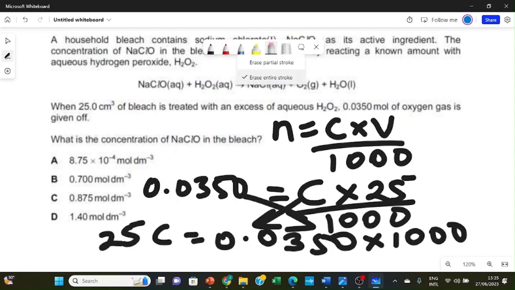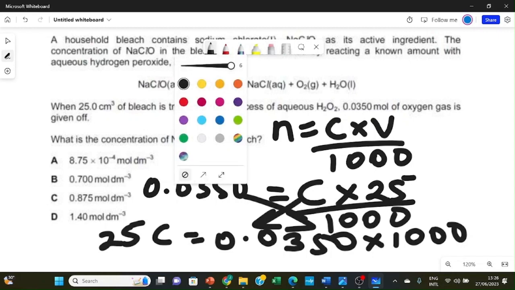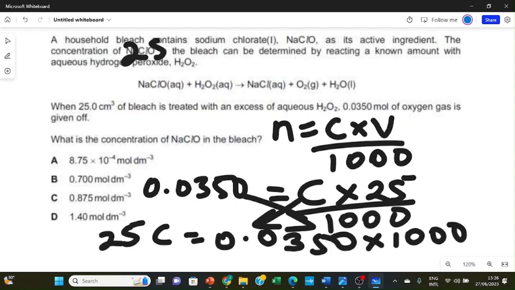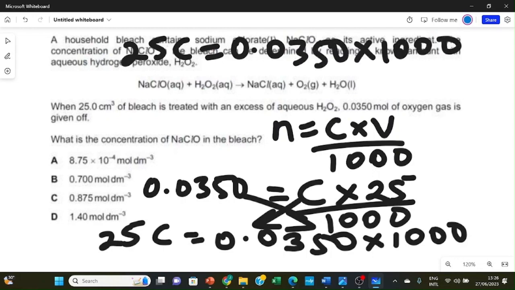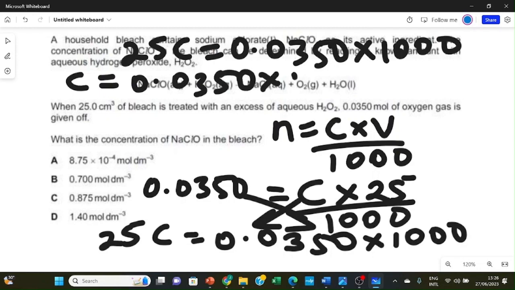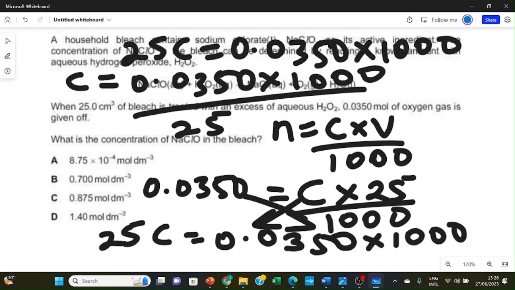To calculate the concentration, 25C will be equal to 0.0350 times 1000. So therefore, concentration now will be equal to 0.0350 times 1000 divided by 25. So let me erase this so that I will have enough space.